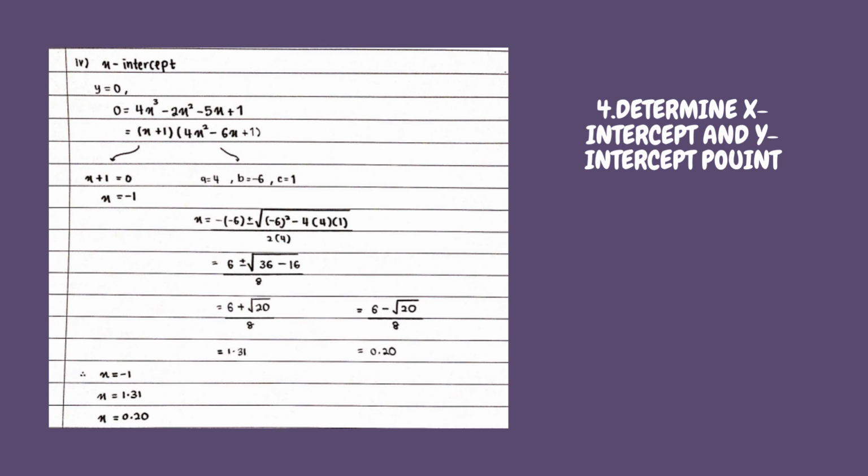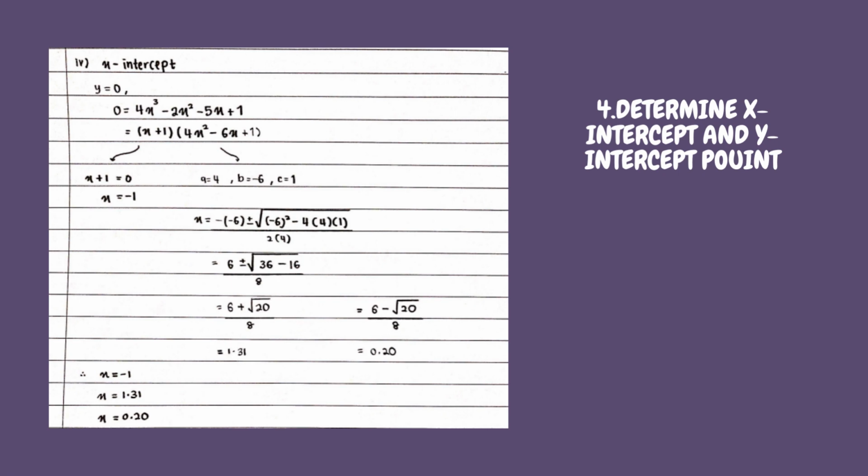0 equals to 4x cubed minus 2x squared minus 5x plus 1 equals to x plus 1 bracket 4x squared minus 6x plus 1. We use all the information into the quadratic formula. X equals to negative b plus minus square root b squared minus 4ac over 2a.